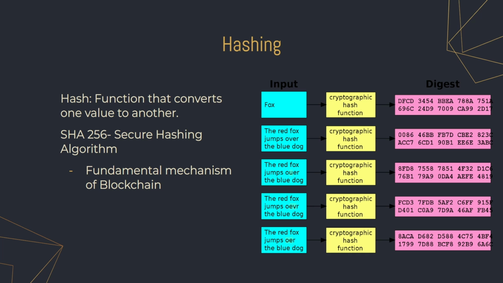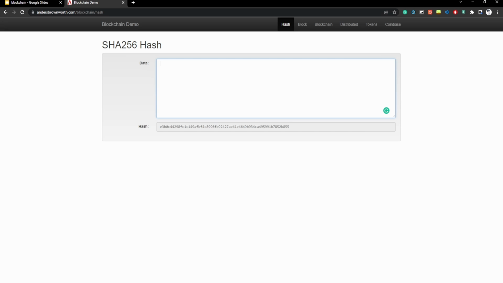The same size is repeated no matter how many characters we add or do not add. In the second box, we're not using the word fox, we're writing a whole sentence down, but despite that, the hash is the same size. This is the fundamental thing that makes blockchain and cryptocurrencies so secure.